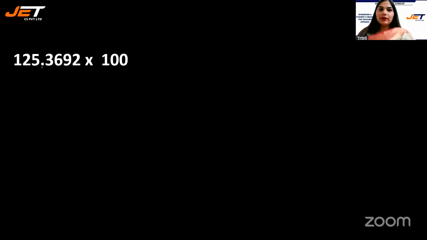So here, as it's 100, I will shift it three places to the right. 1, 2, 3, 1, 2, 5, 369.2. That's the answer. Okay, I have shifted it three places.